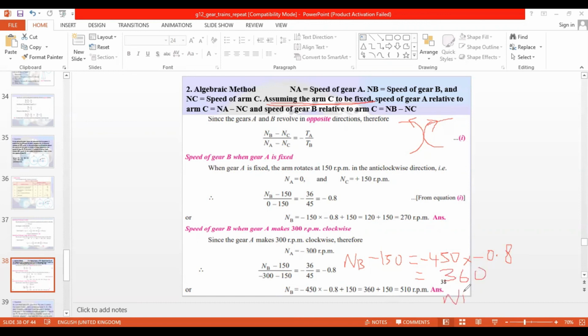So NB is equal to 360 plus 150, since the minus 150 goes to the other side and is added, giving 510 RPM. So the speed of B when gear A makes 300 RPM clockwise is 510 RPM anti-clockwise. You need to state the direction also. Since the answer is positive, it is anti-clockwise 510 RPM. This is how we solve the numerical in the algebraic method.